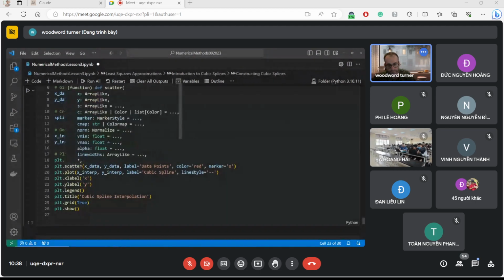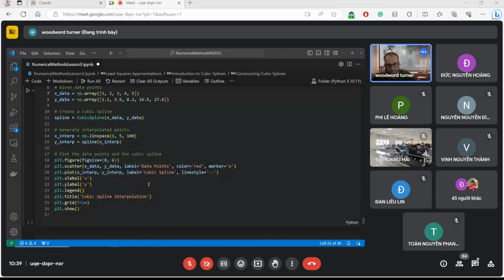Same thing I've been doing, I'll have the scatter plot with the X and Y data. We'll label that the data points. It'll be red with a circle marker. And then I'll plot the input of the X that I made, the 100 points between 1 and 5, and the output for the plot will be the spline taking as input the X points we created.